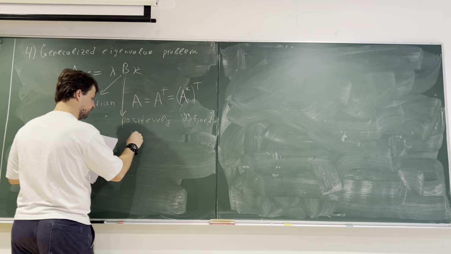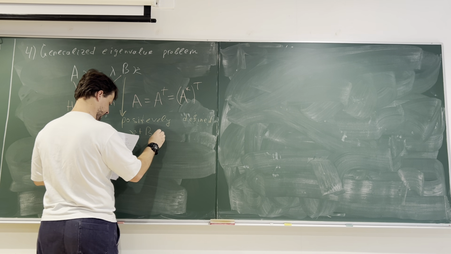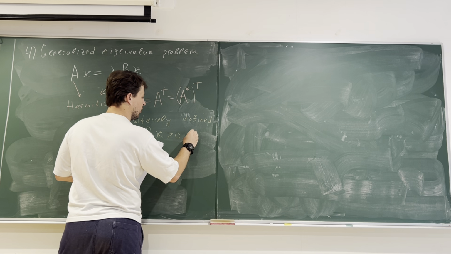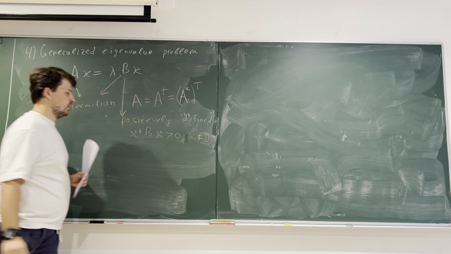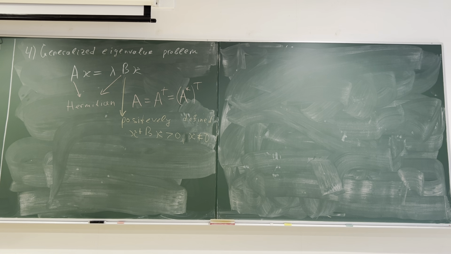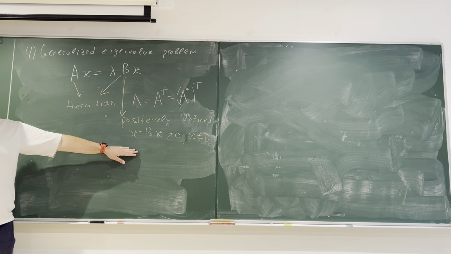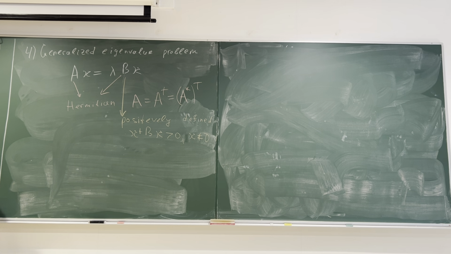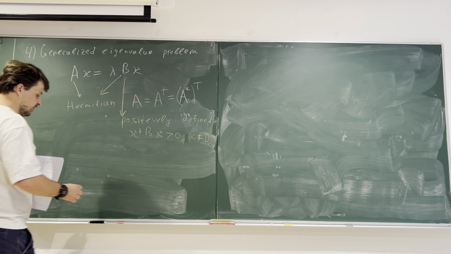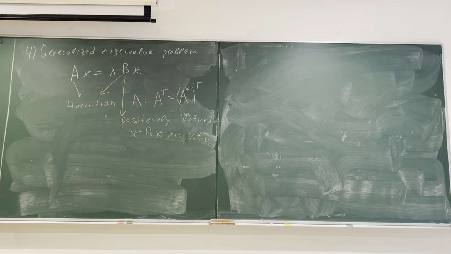Which means we build a sesquilinear form, and this form is a positive number for any x. You understand? So this is just a scalar value. Makes sense. Okay. These are just the requirements for everything I say afterwards to be true. If it's not true, we cannot do the things I say.